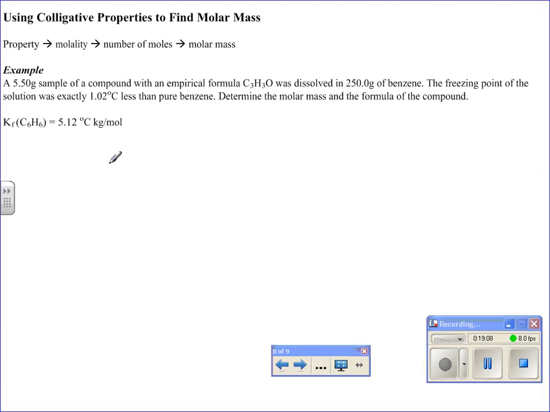So we are given the freezing point constant for benzene, which is our solvent, and we are given the freezing point depression of 1.02. So we know ΔTf is equal to i Kf m.